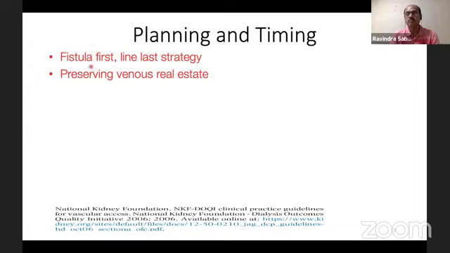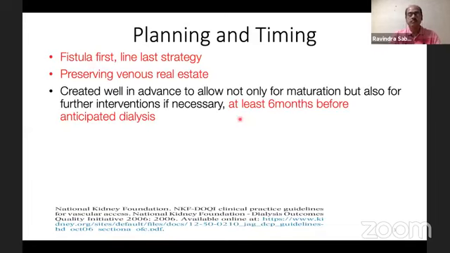For this, preserving venous real estate is extremely important. A fistula should be created at least 6 months before the anticipated dialysis, well in advance to allow not only for maturation, but should it fail, then further interventions may also be done in that time, so that ideally the first dialysis is by AV fistula.